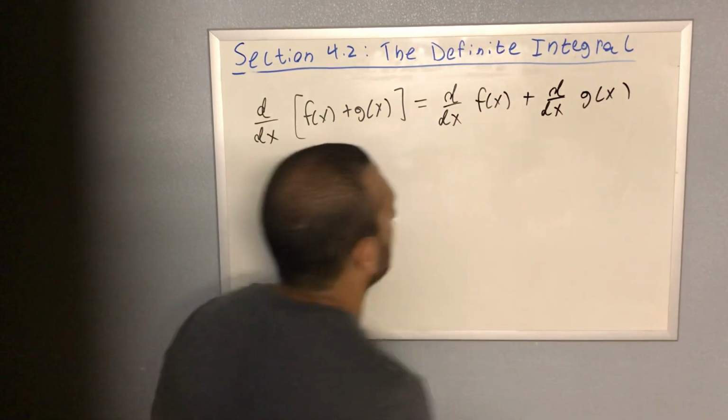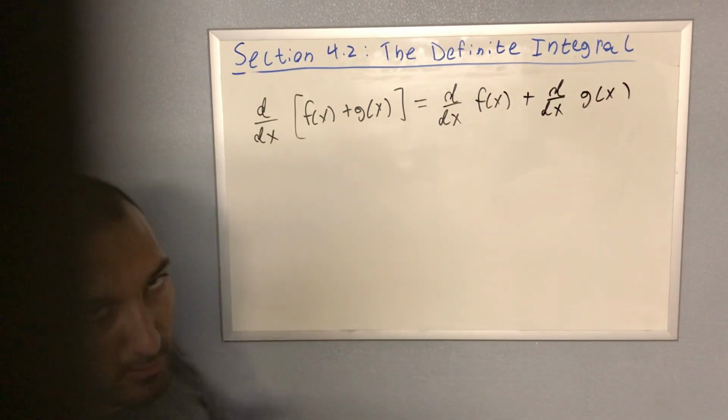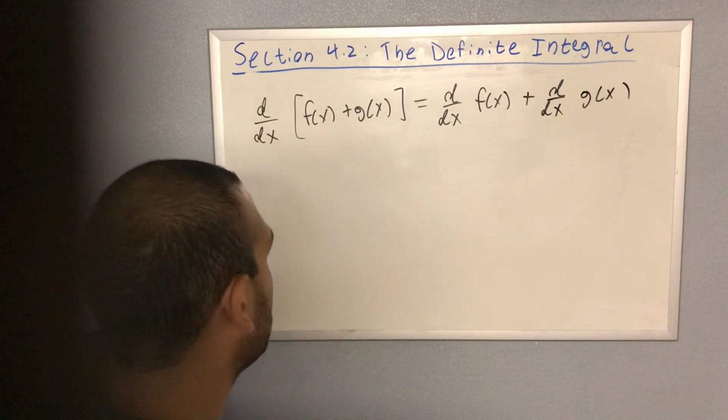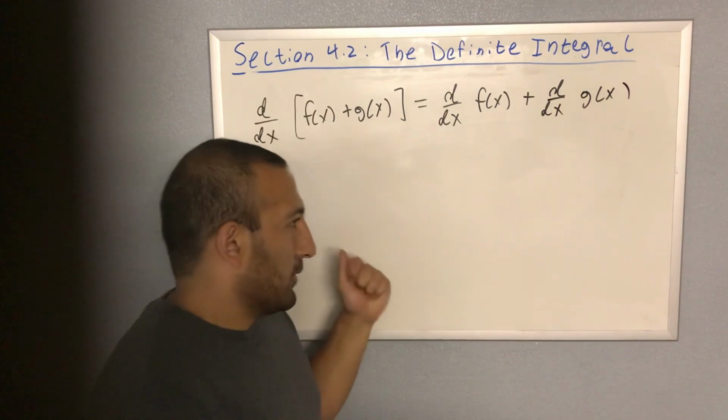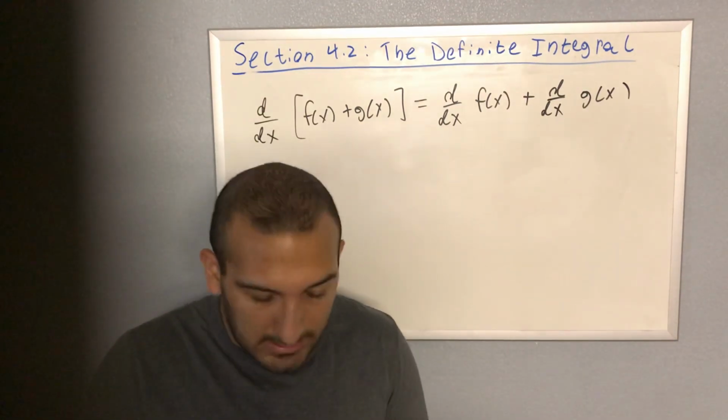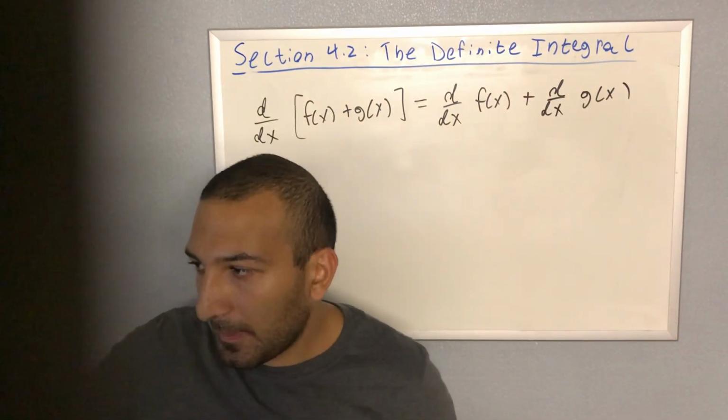We had the sum rule, the product rule, and all of these rules and properties about the derivative. We want to establish similar results, but with the definite integral now.